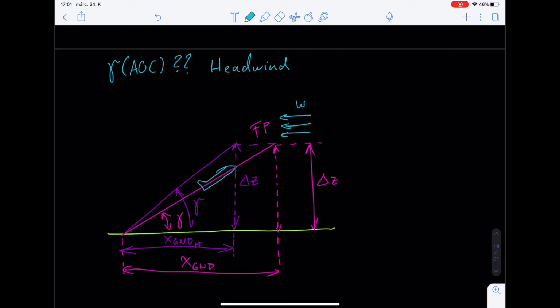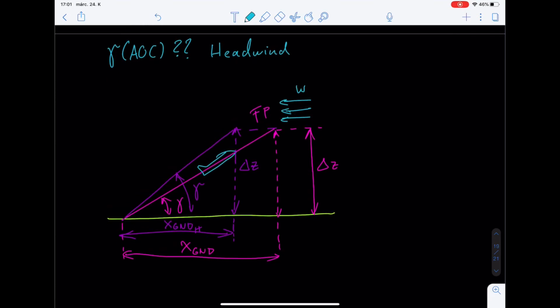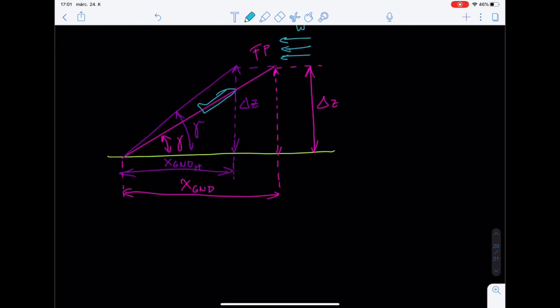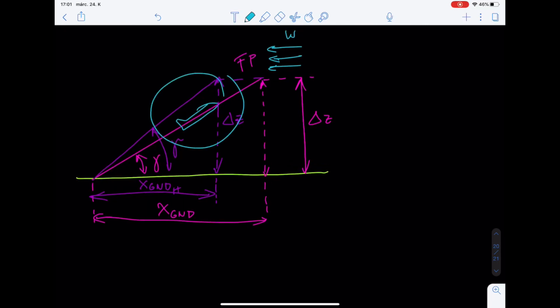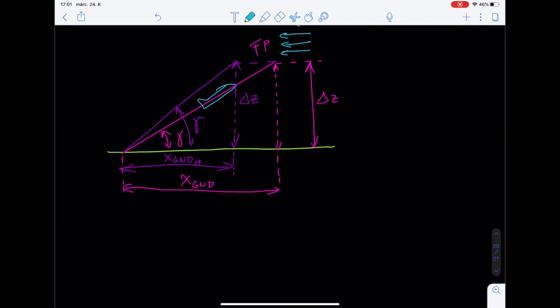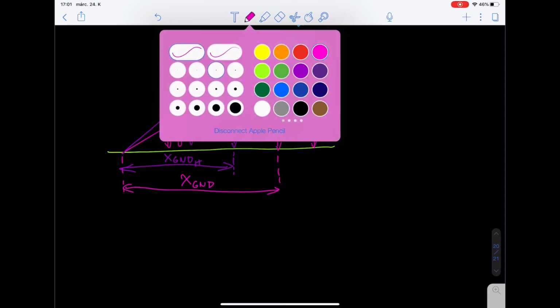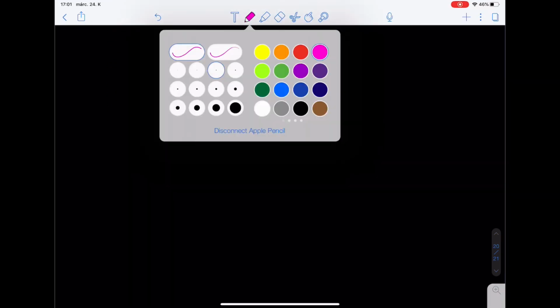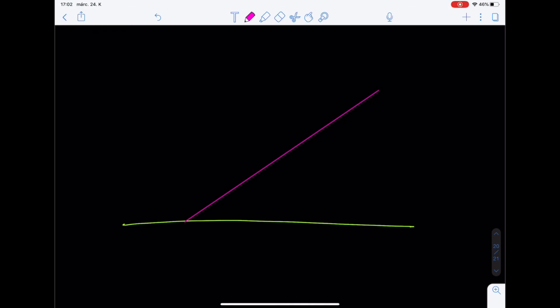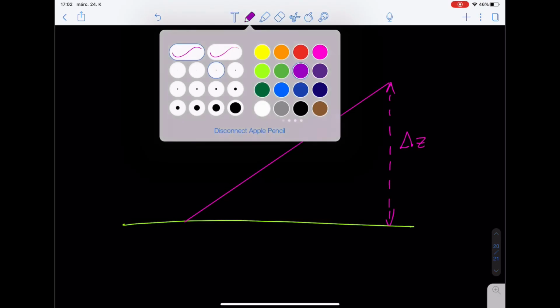So how you could imagine it, I'm just going to draw it in a little bit more detail, because I want you guys to understand clearly what's going on. Here we have the two flight paths. This is the ground, and here you have the initial flight path, and delta z, and here you have the one with the headwind.